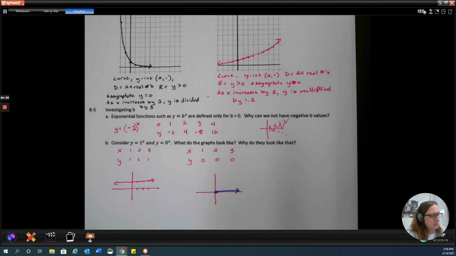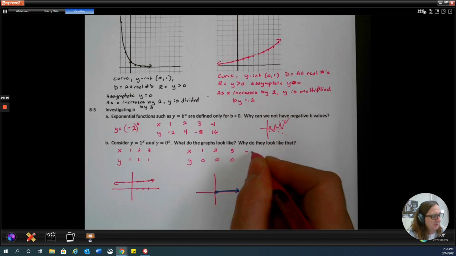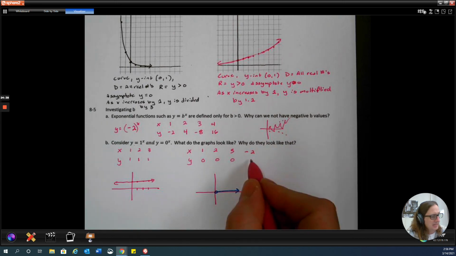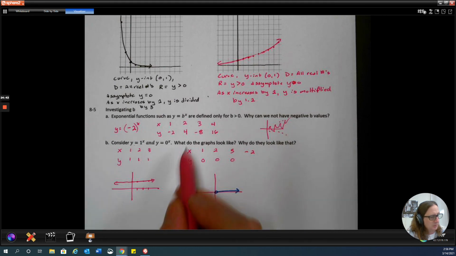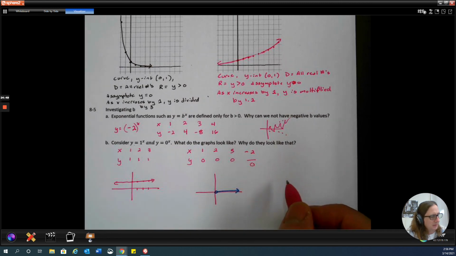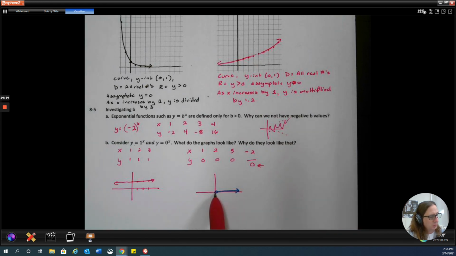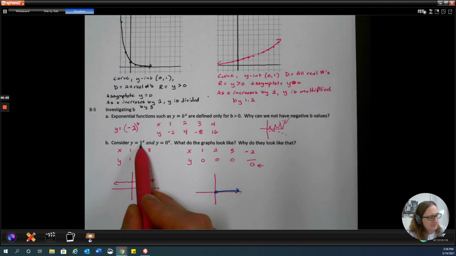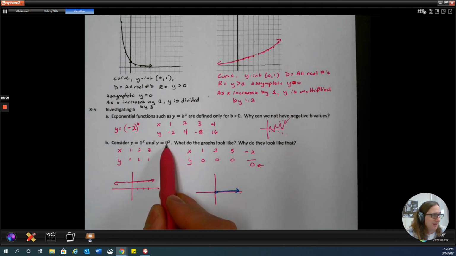What we have to remember is what happens to negative exponents. Negative means that you do the reciprocal. So if I've got 0 as my multiplier, the reciprocal would put 0 in the denominator, and we're not allowed to have 0 in the denominator. So this one only works on the positive numbers, and then it makes undefined numbers over here on this side. So 1 as a base, as a b value, and 0 as a b value doesn't work.